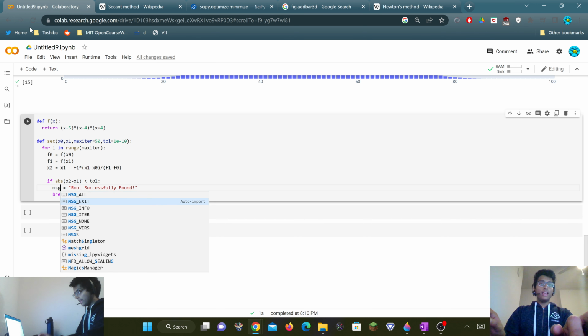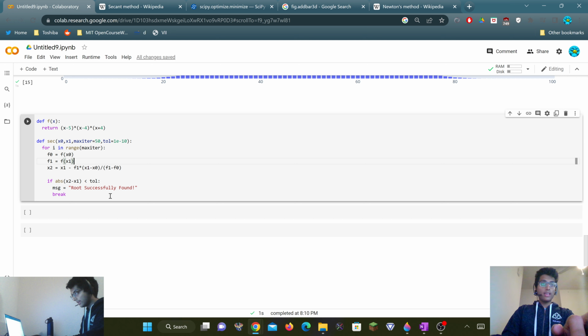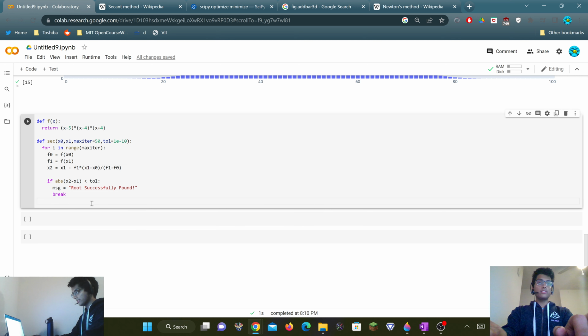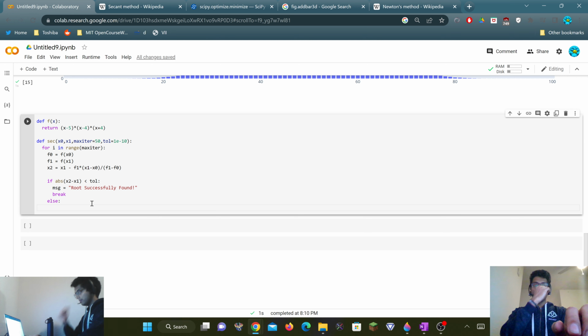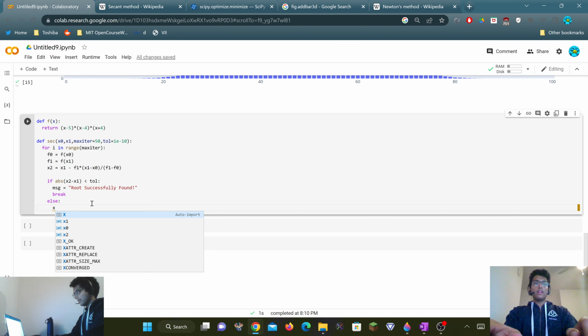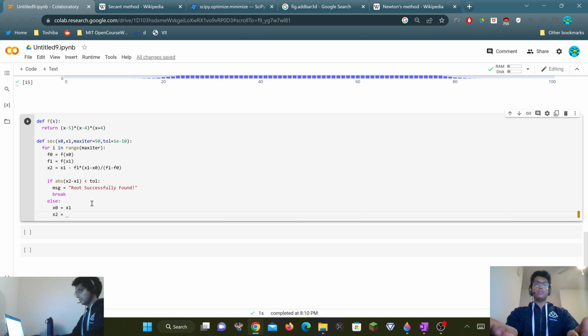And then if this doesn't meet the tolerance, right? So else, what are we going to do? We're going to update our guesses with our new values, so that's iteratively, right? So in this case, our x naught equals x1, our x1 equals our x2, and then we draw our line again, right?